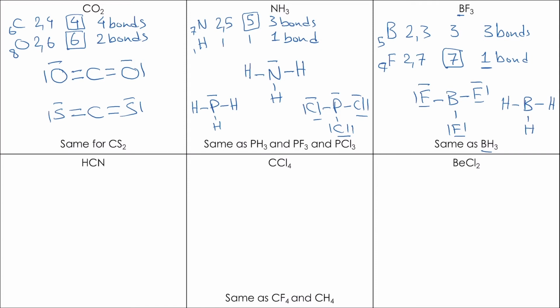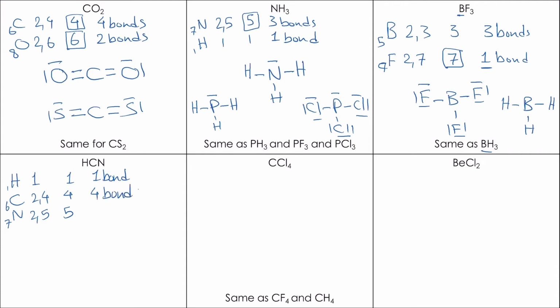Okay, we have here 3 atoms. We have H, we have C, we have N. H is 1. C, we have C6, nitrogen 7. So we have here 2, 4, we have here 2, 5. Here we have 1 valence electron, 4 valence electrons, 5 valence electrons. 1 bond, here 4 bonds.